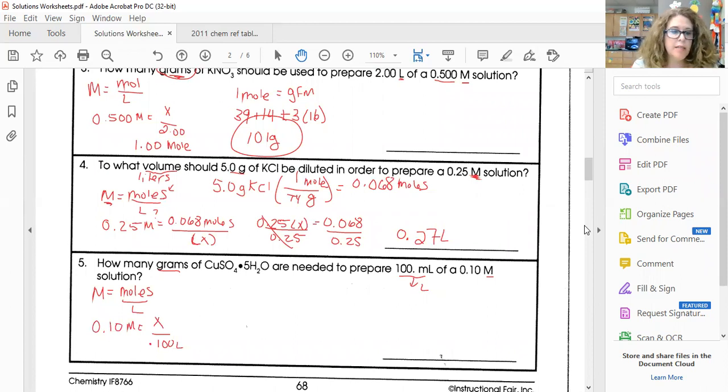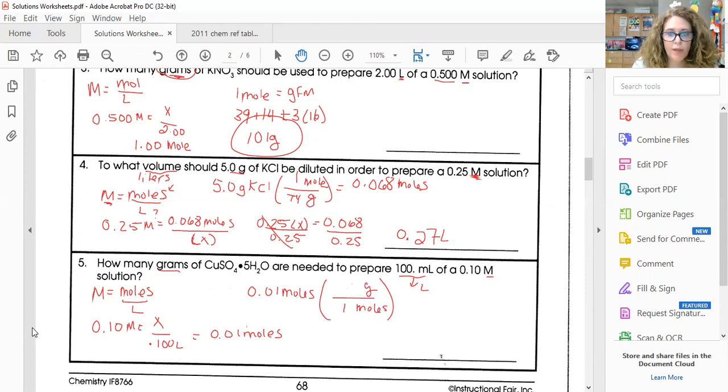And now that means that I have 0.01 moles. Okay, now we need to go from moles to grams. 0.01 mole, and now I want to go from moles to grams, right? So getting rid of moles and going to grams.